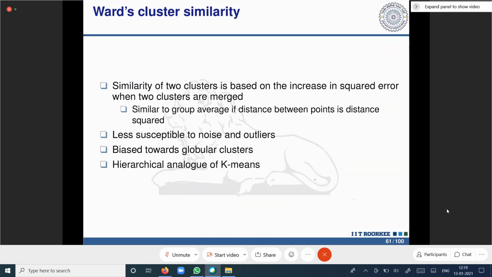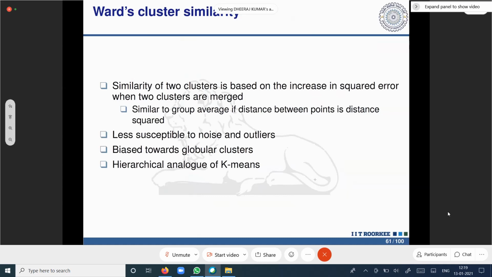Another choice we can use for linkage distance is Ward similarity. The similarity of two clusters is based on the increase in squared error when two clusters are merged. So we find the clusters and then define the similarity based on how much squared error increases if we merge these two.